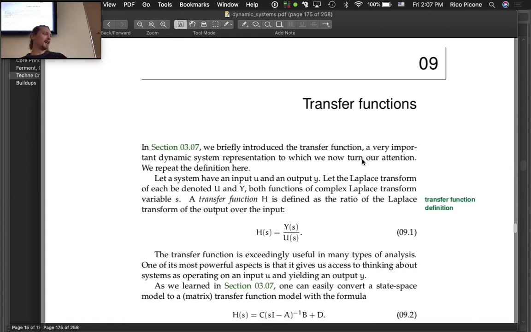Okay, so transfer functions. In lecture 3.7, we briefly introduced the transfer function, a very important dynamic system representation, to which we now turn our attention. We're going to revisit it now and focus on it for the next several weeks. In chapter 9, we become more familiar with the transfer function.